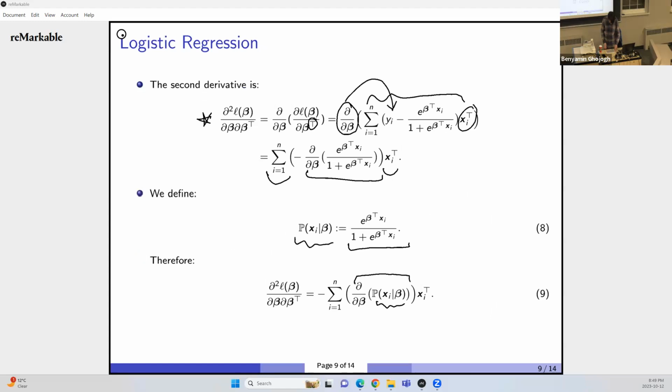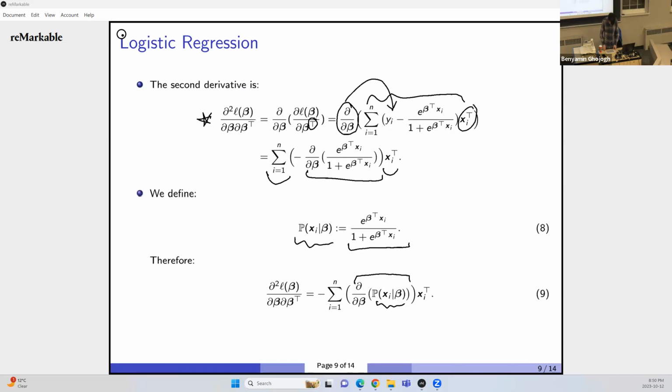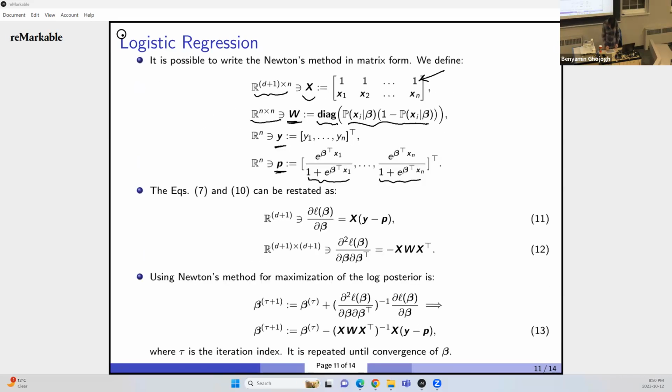Now compare these. So see the first order derivative. This is the first order derivative. Can you take a mental picture of that? Y minus something, the logistic, times xi. In matrix form, it becomes y minus p, the logistic, times x, right? But because of matrix multiplication, the dimensionalities should match, so x becomes behind the term y minus p.